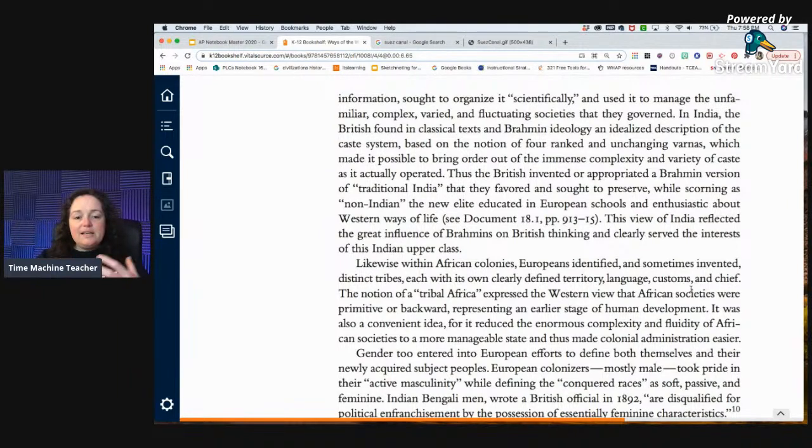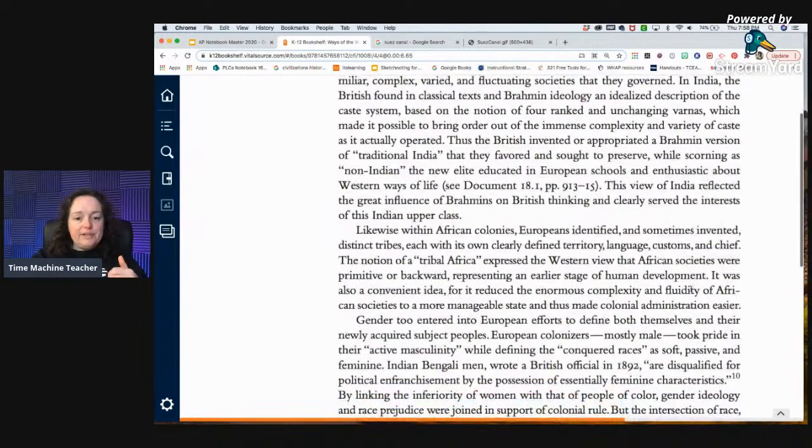So what this is saying is they kind of took bits and pieces of the culture that they wanted to keep. And one of the things that they liked was the caste system that India had. They would look down on the parts of India that they didn't like, and they used that excuse of the caste system as why they were doing it.